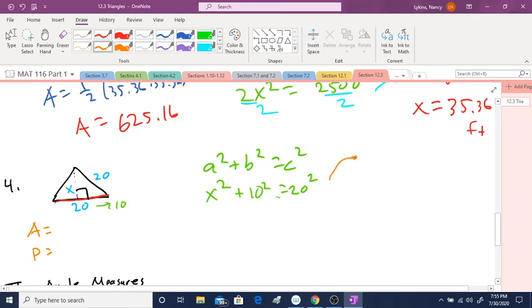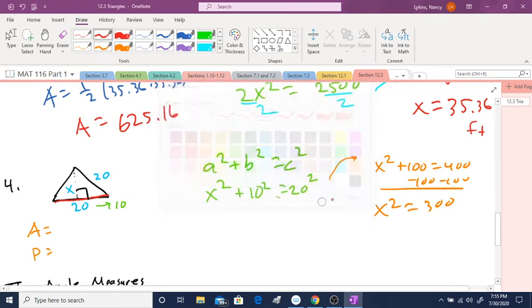So then what we're going to do is we're going to say, okay, x squared plus 100 equals 400. Subtract 100. X squared equals 300. Take the square root of 300 and x becomes 17.32.